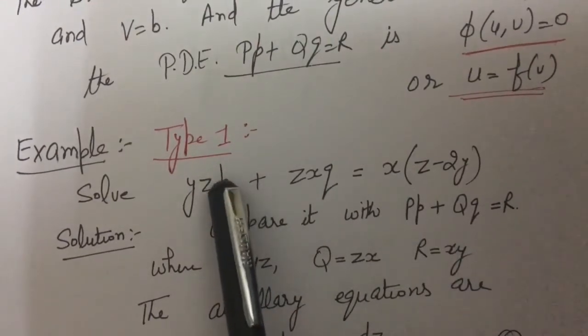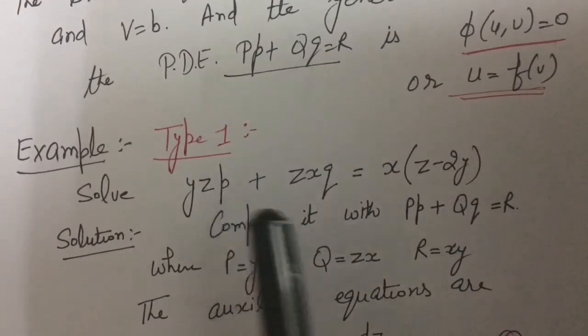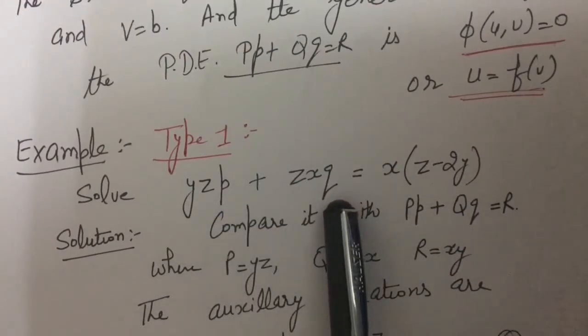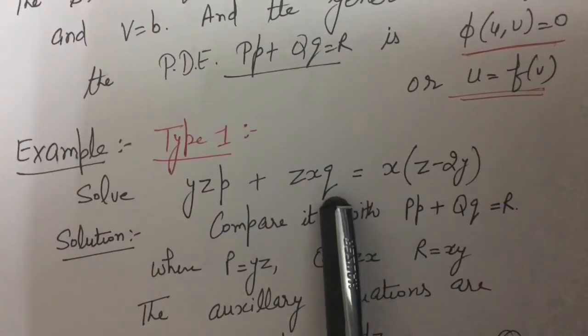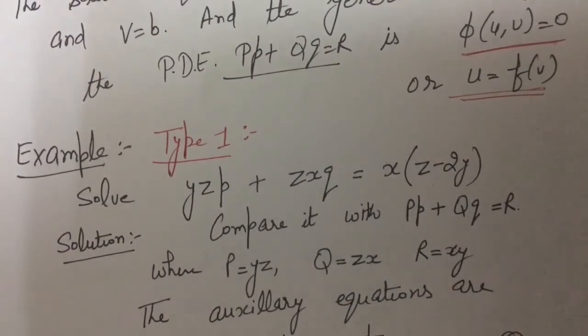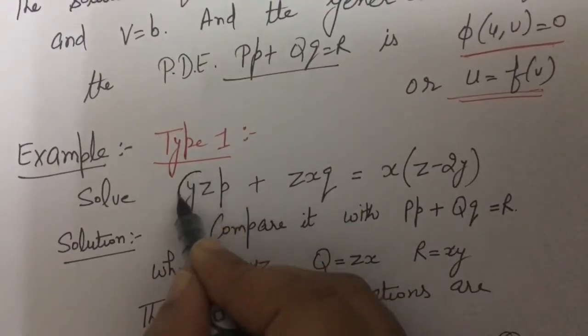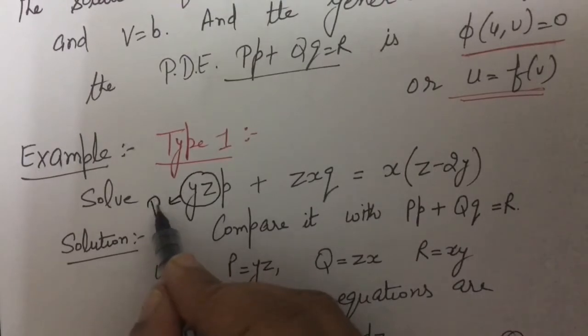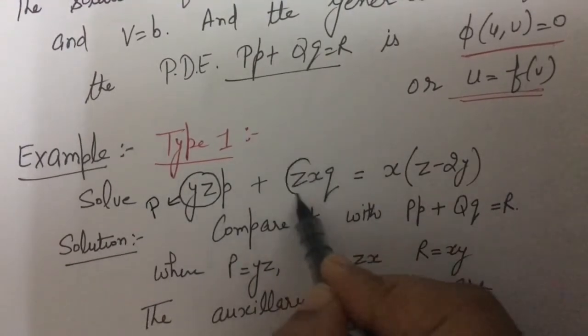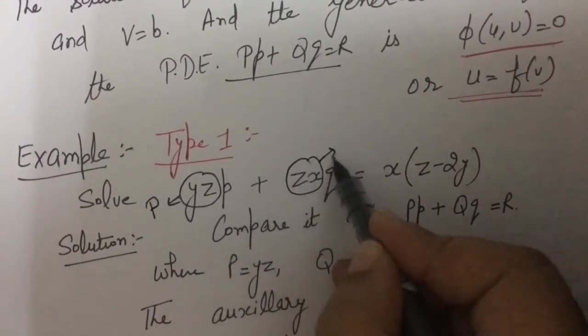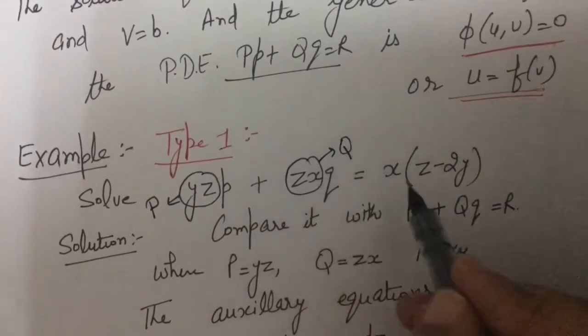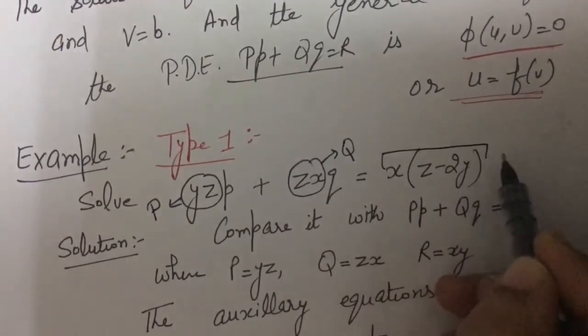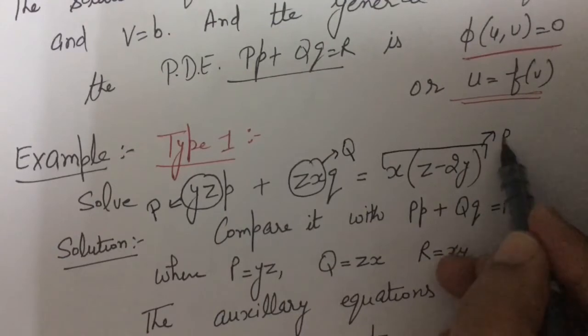This small p is the first order partial derivative ∂z/∂x, and small q is also the first order partial derivative ∂z/∂y. The coefficient of small p, yz, is capital P, the coefficient of small q is capital Q, and on the right hand side I have capital R.